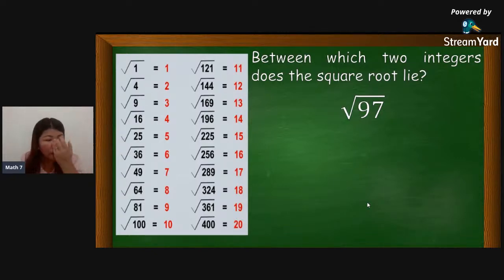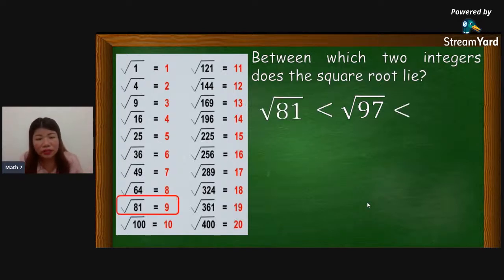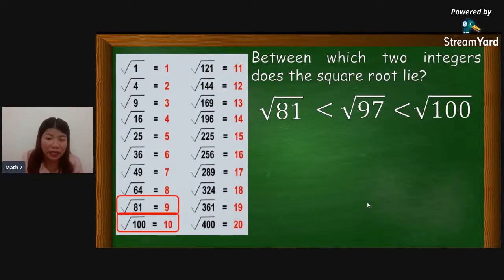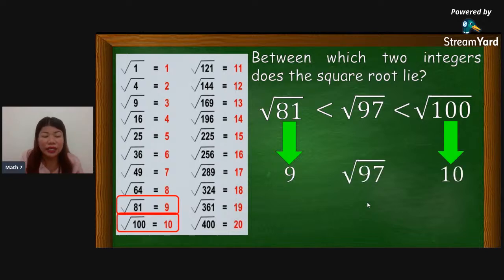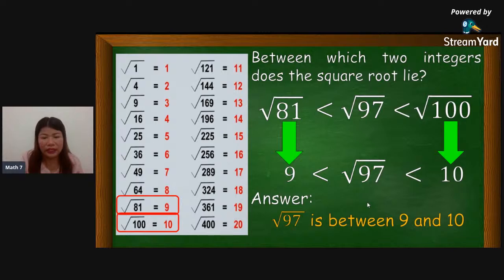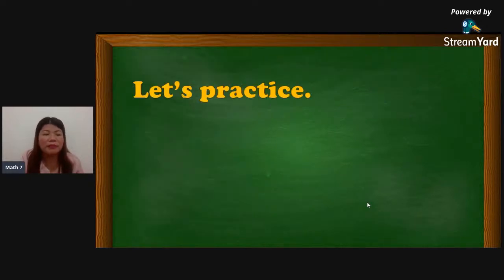Malapit siya sa 81 at saka sa square root of 100. Ibig sabihin, square root of 97 is greater than 9 but less than 10. Maliwanag po ito.